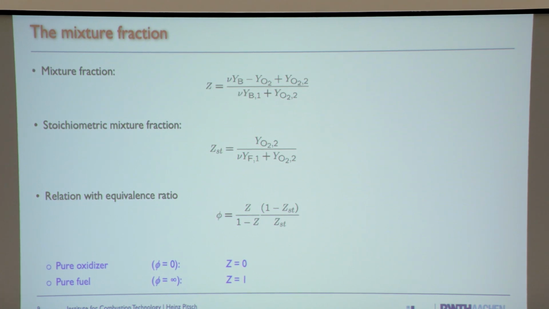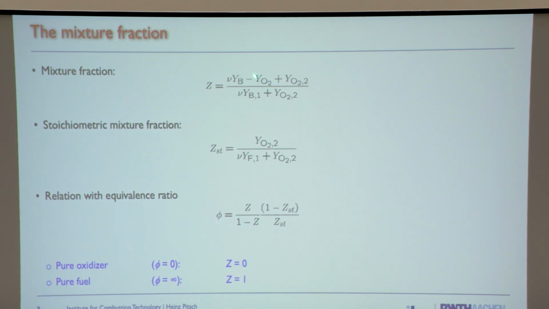The mixture fraction tells us locally where the rich regions and the lean regions are. We said mixture fraction 1 is pure fuel, mixture fraction 0 is pure oxidizer, and in between we see if it's lean or rich.